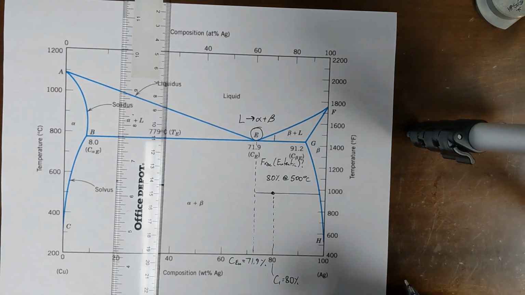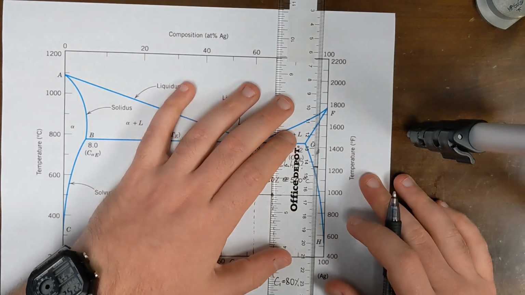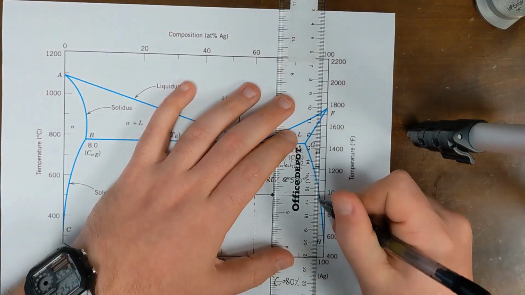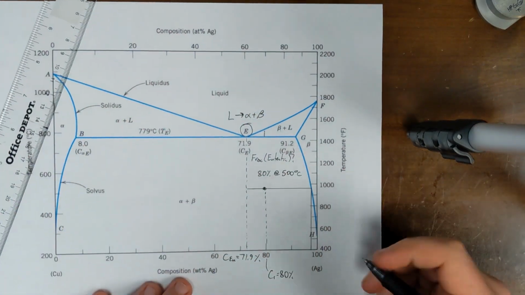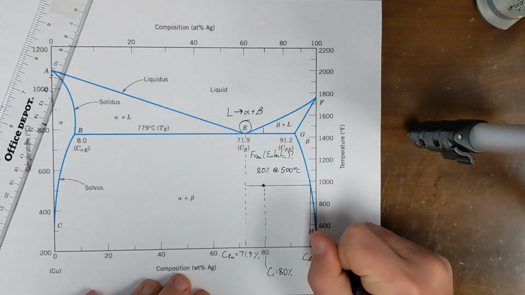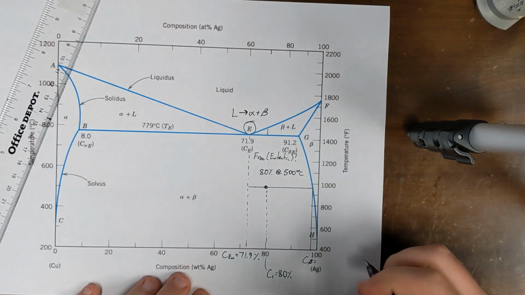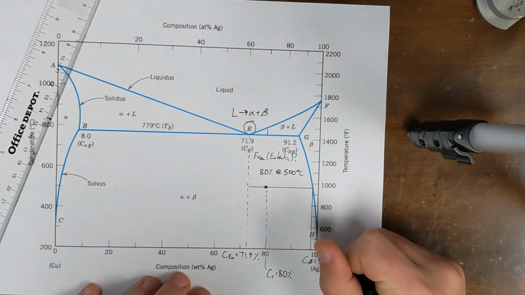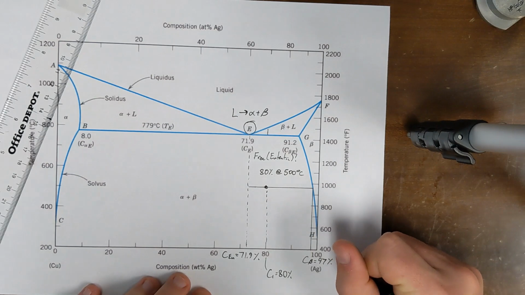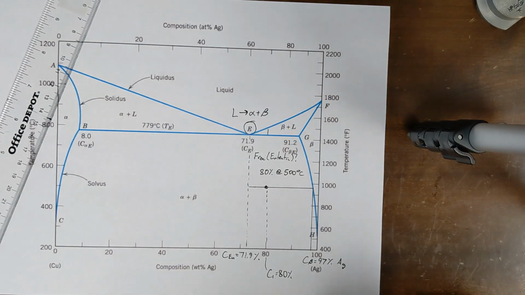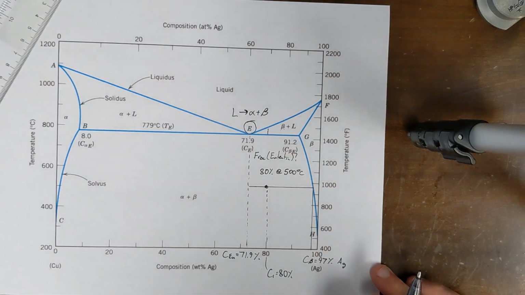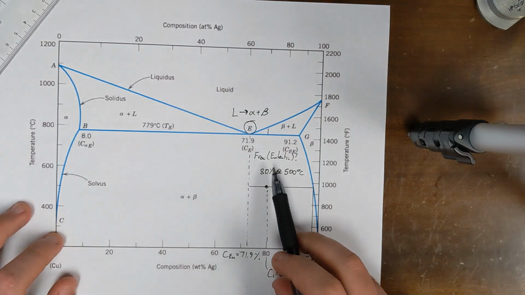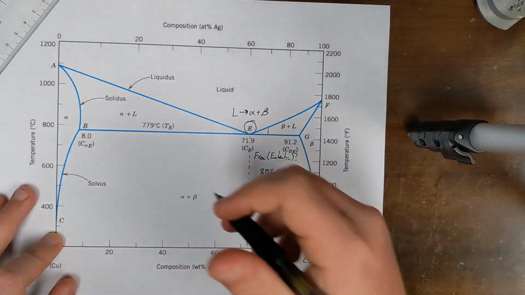And the composition of the beta, right? Draw a line straight down, right? This is our C_beta, and I don't know, what is that, about 97% silver.